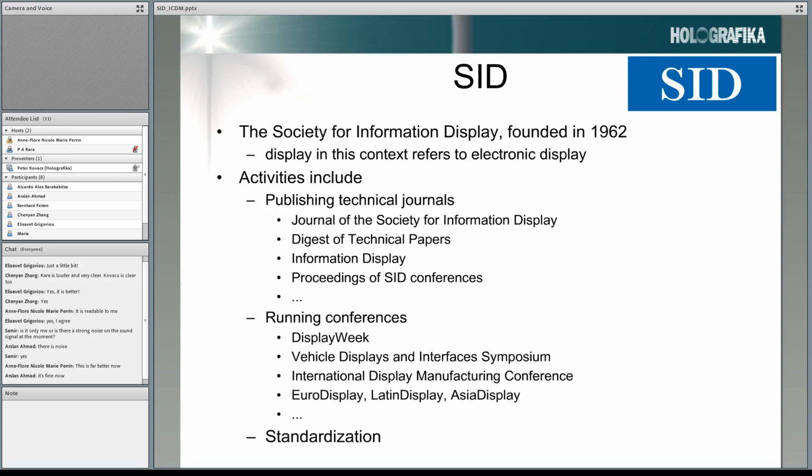They are also dealing with emerging themes like vehicle displays and interfaces, and they have a separate event for dealing with those ideas. A quite new activity that SID has taken up is standardization, and this will be the topic of the presentation today.